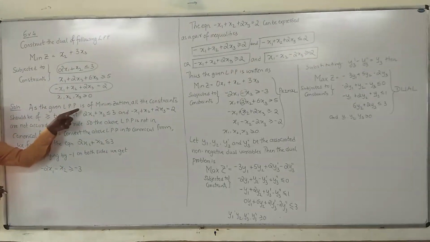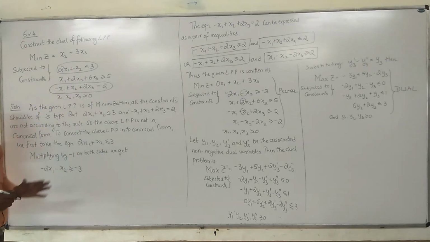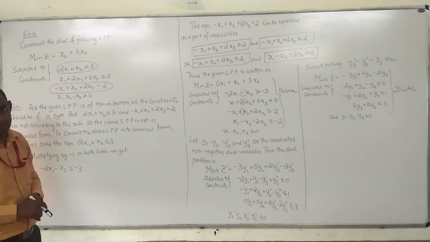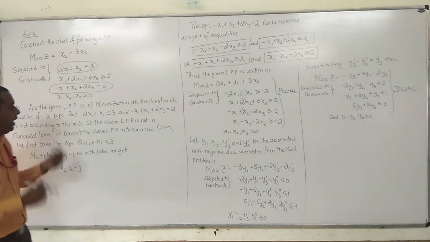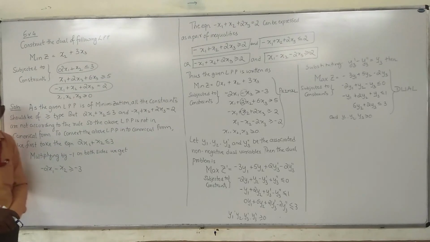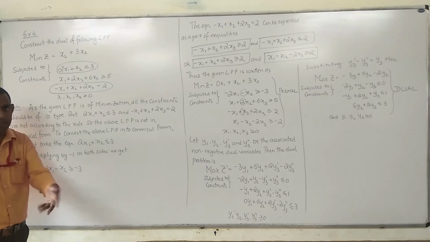As the given LPP is of minimization, all the constraints are supposed to be greater than or equal to type, but these two equations are not of that type. So we need to convert these two equations to the greater than or equal to type. Fine. So to do that, we take the first equation, that is 2x1 plus x2 is less than or equal to 3. The continuation of this will be explained in the next. Right?